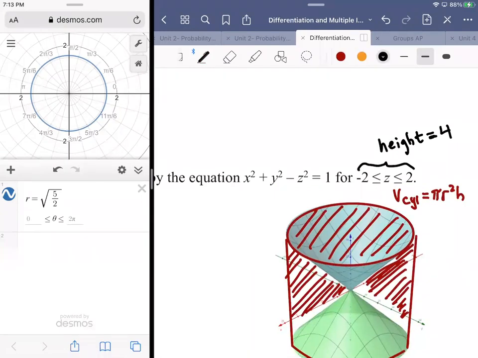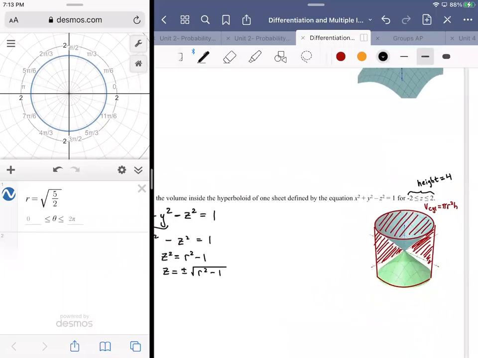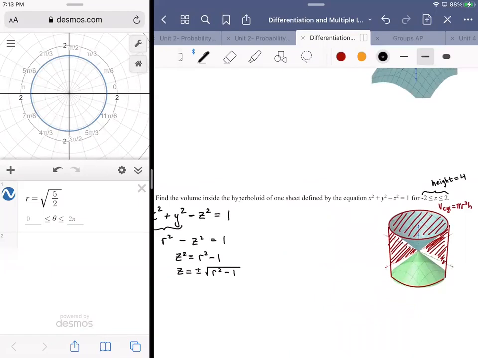So what I can do is work off of what I have. Let's take this guy. If I want the radius of the whole cylinder, then I would want to know the equation of the circle when z is equal to 2 or -2, doesn't matter.